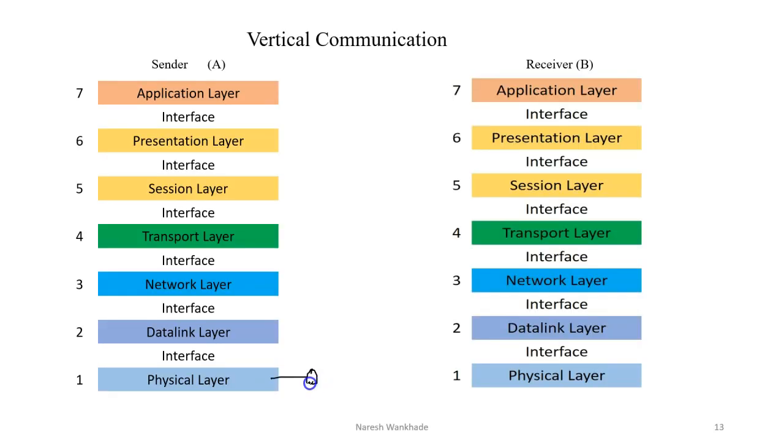So presentation layer is lower layer and this application layer is upper layer. Whenever there is a communication between two systems, then at physical layer communication is direct. Means this physical layer of sender is directly connected with physical layer of receiver, either through wire mode or through wireless mode.